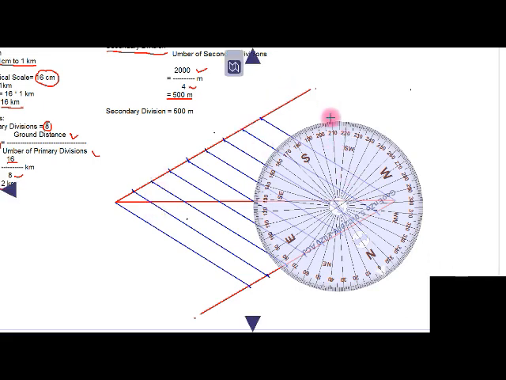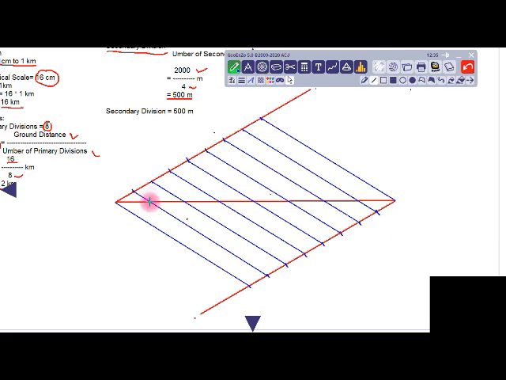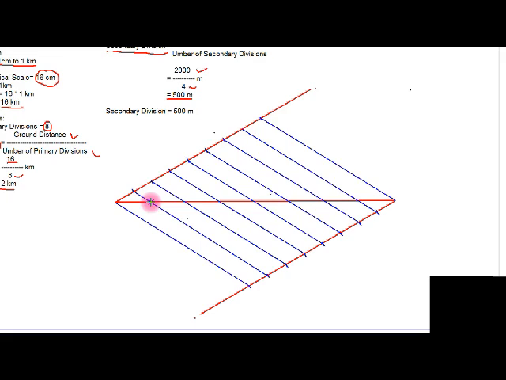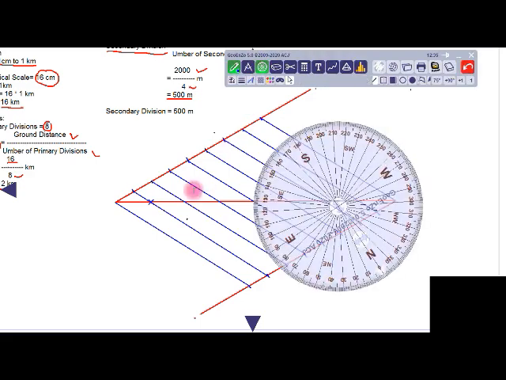and go to, now we have the first primary division, right? Here this is the first primary division, which point is exactly over here. So we can make this point.